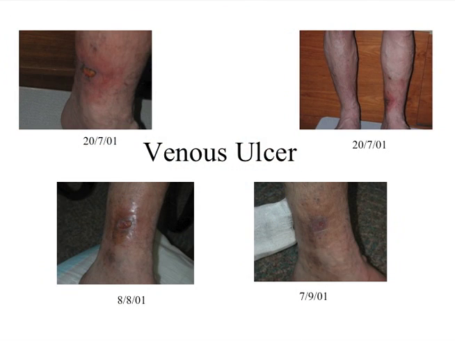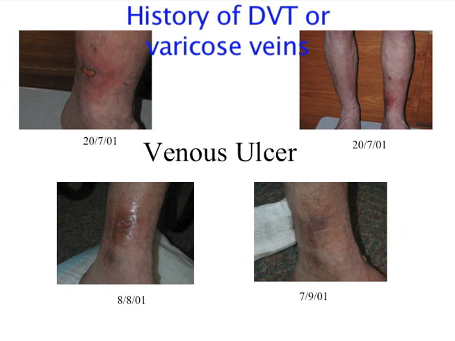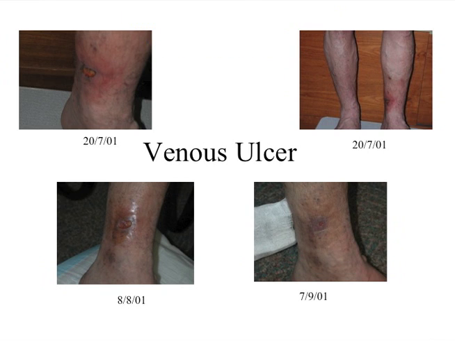Venous ulcers are an important group of ulcers. Most frequently, the patient has a history of DVT or the presence of varicose veins. These ulcers most frequently occur in the gaiter area, around the inner side and lower third of the calf just above the ankle. This is called the gaiter area.